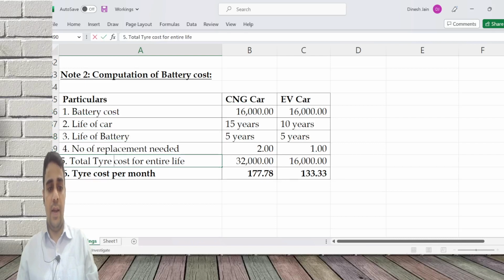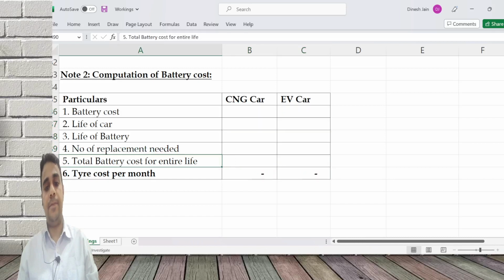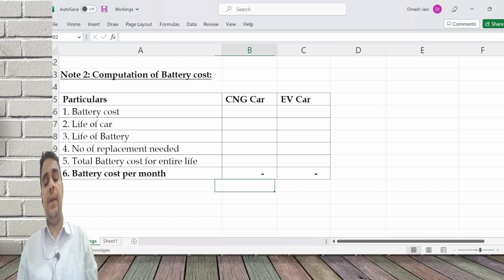Wherever the term tire is there, I replace it with battery. Battery cost, life of car, life of battery, number of replacements needed, battery cost for entire life, battery cost per month. We calculated tire cost per month. We are calculating battery cost per month here.